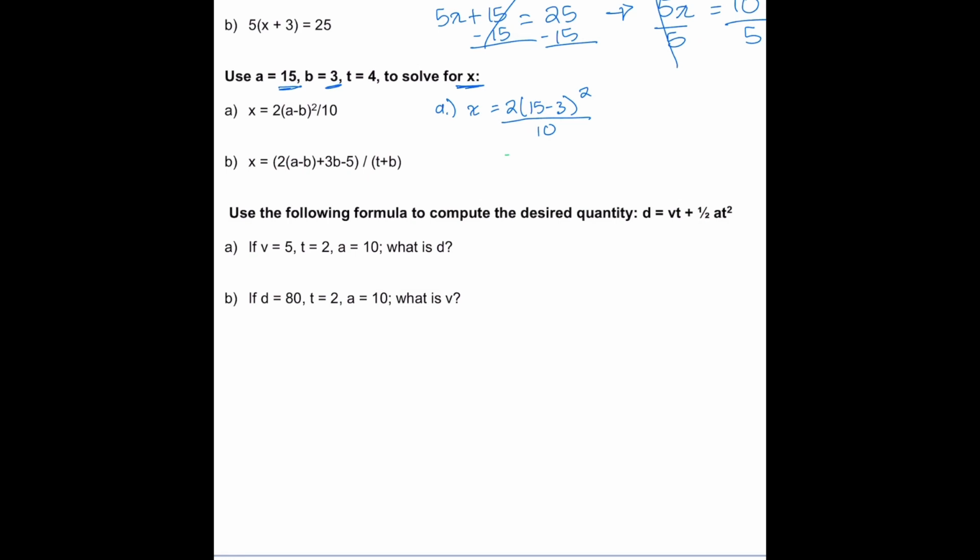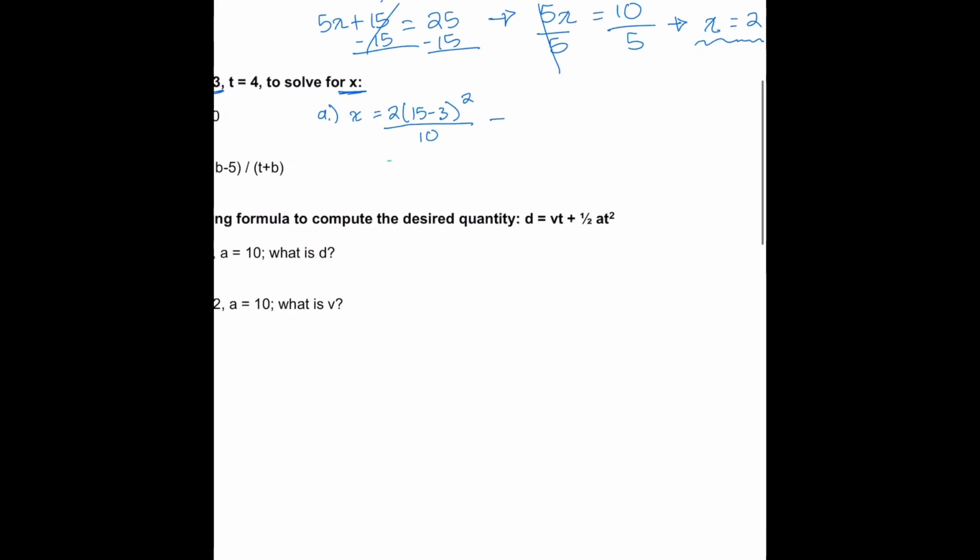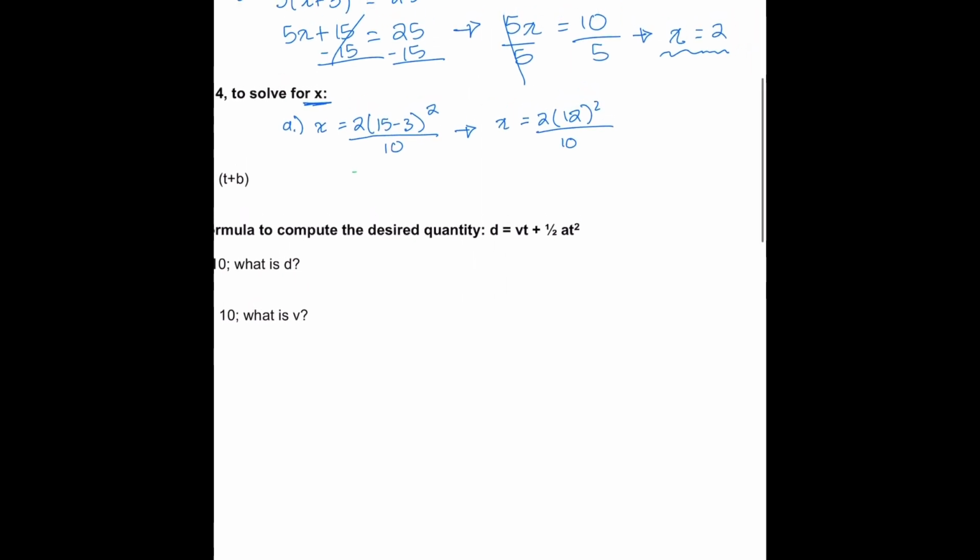So what are the steps here? Remember, we want to use PEMDAS. So what's first? Parentheses. So it'd be x equals 2 to the 15 minus 3, 12, second power over 10. Now what's the next step after this?